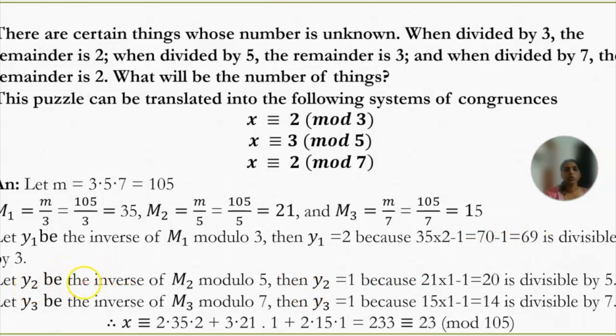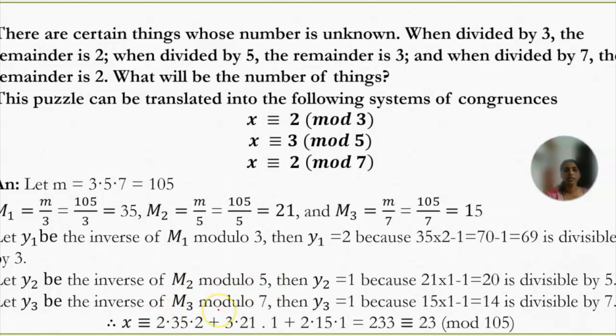Second, Y2 be the inverse of capital M2 modulo 5. Then Y2 equal to 1 because 21 into 1 minus 1 equal to 20, which is divisible by 5. Next, Y3 be the inverse of capital M3 modulo 7.